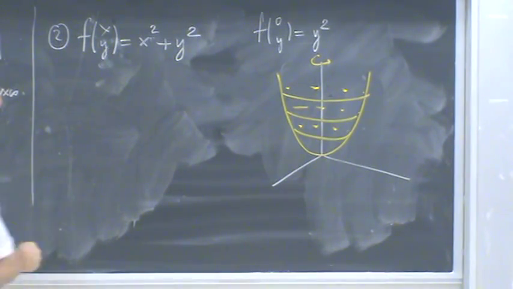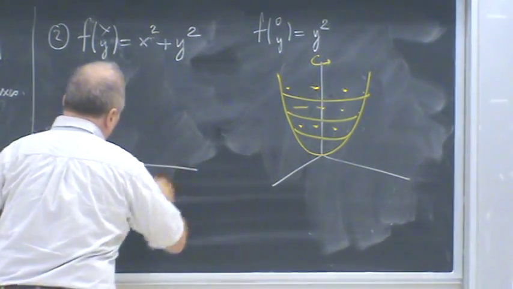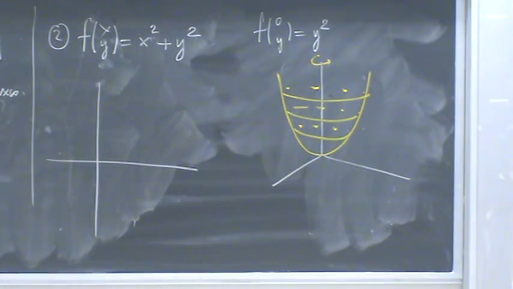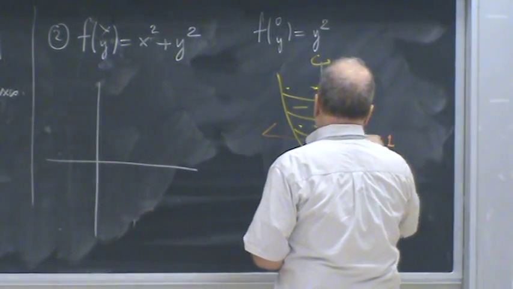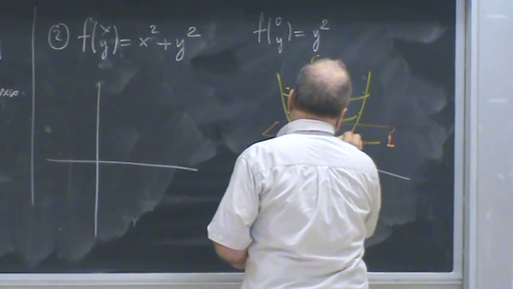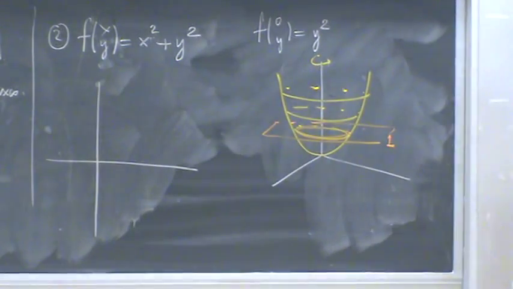So if I now draw the level curves, let's try to color coordinate the way I did before. At height 1, I'll have my orange circle, and it will have what radius?